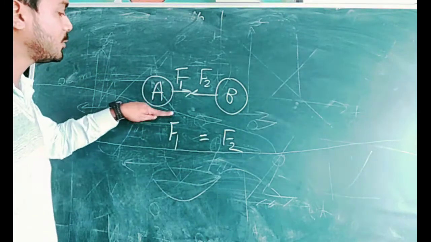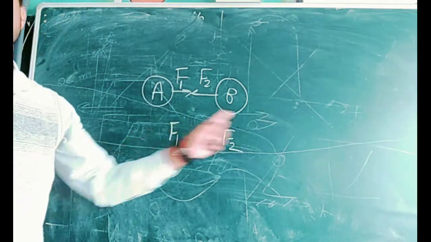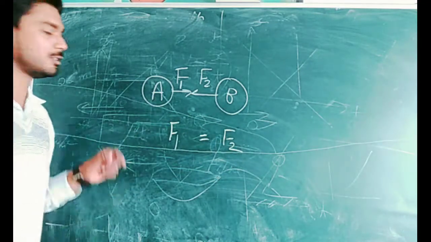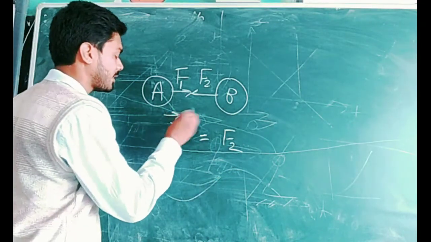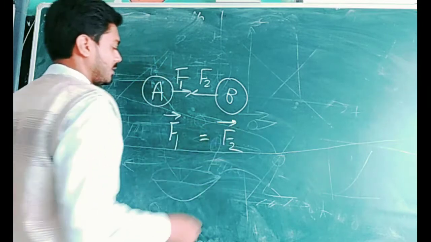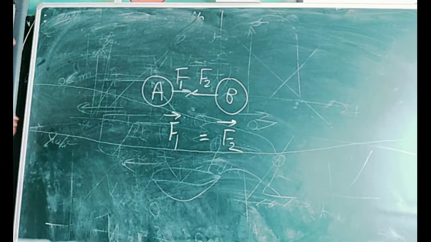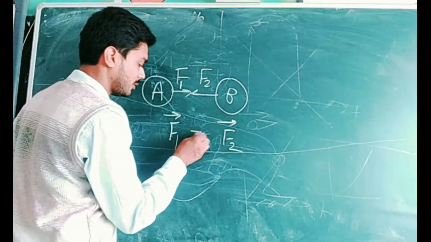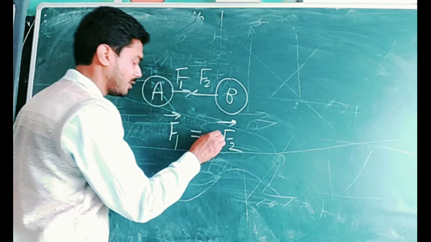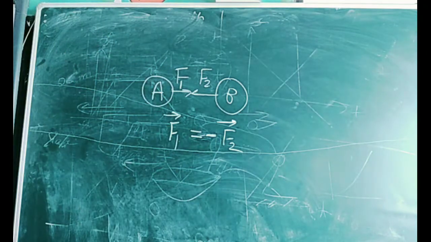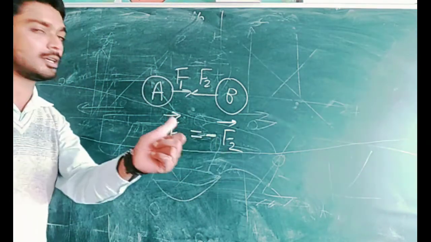Students, since forces are vector quantities, to represent a vector we can apply an arrow here. Then we will say F1 is equal to minus F2. Here minus denotes the opposite direction.